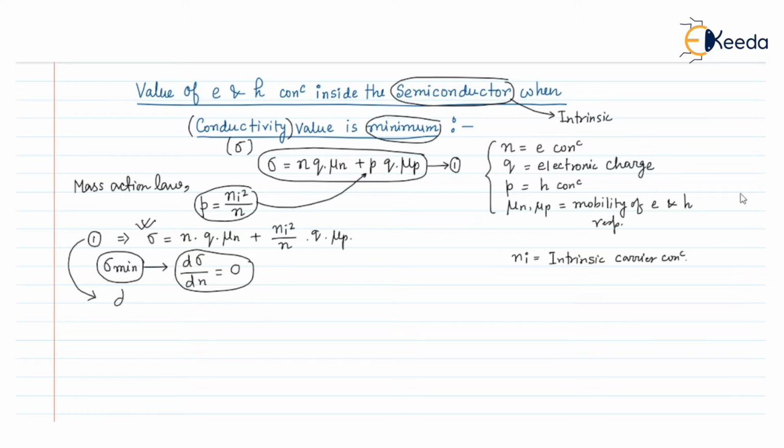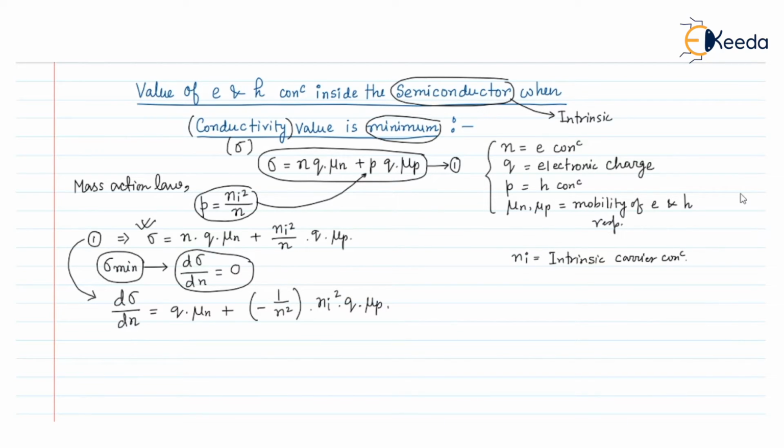So from this, if we find the value of d sigma by dn, we can write it as q mu n plus minus 1 by n square into ni square into q into mu p. So this is the value of d sigma by dn.